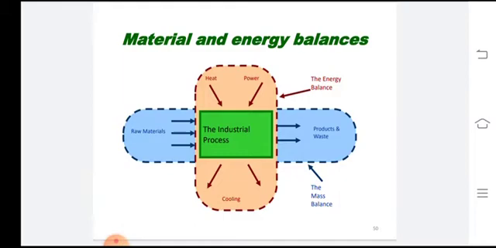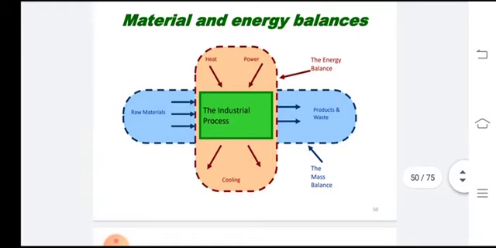So this concept we will talk about later, but just for your information, we need to establish a system. We need to establish a model in which we can measure the incoming material in the form of raw materials, then how much material is being used in the industrial process. What are the requirements?